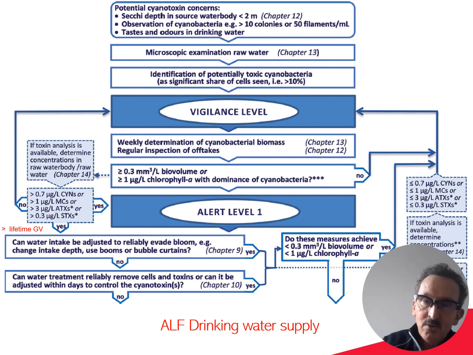Then if in your microscopic or otherwise examination, you start to exceed a certain threshold, like the 0.3 millimeter cube biovolume, or here 1 microgram of chlorophyll A with dominance of cyanobacteria in your lake reservoir, you scale up to the next alert level 1.